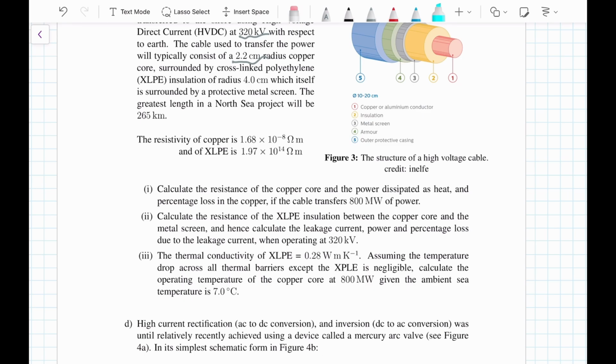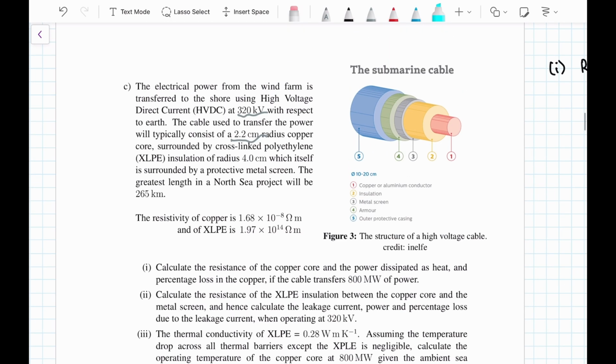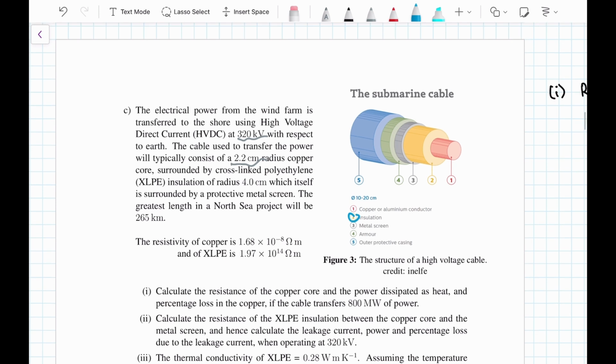So the XLPE layer is the insulation layer, so that's this layer over here, between the copper and the metal screen. The information gives us it has a radius of 4 centimeters, and also the resistivity.